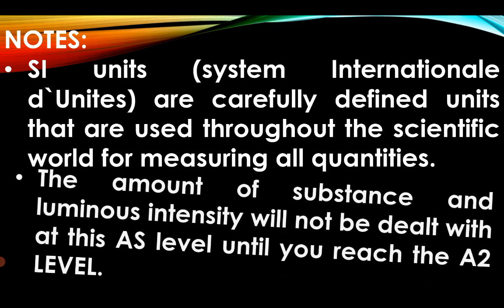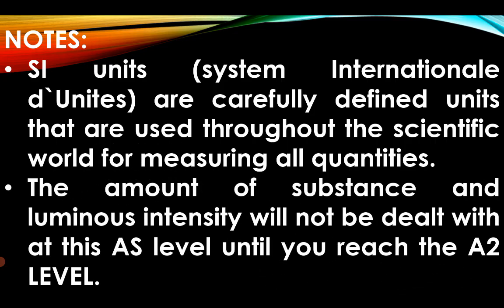Another important point to note is that the amount of substance and the luminous intensity will not be dealt with at this AS level until you reach the A2 level. A2 level is the last part of the A level physics. If you are doing A levels, first you do a syllabus which is called the AS, which is half of the A levels, and then the last half is called A2.